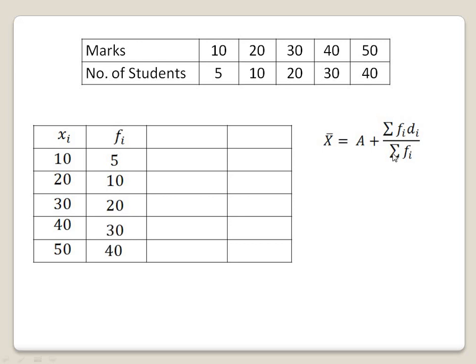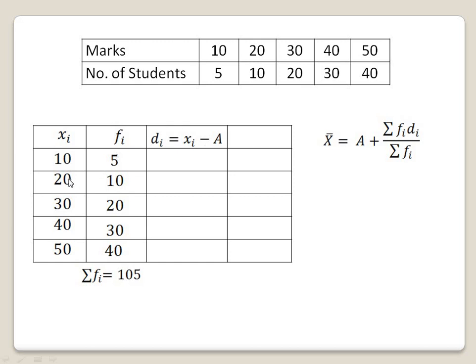Here first we can find the summation of fi, that is the addition of all these values of frequency, which is 105. Then we have to find fi into di. That means first we have to find the deviation by this formula: deviation di equals xi minus a. Here xi's are given 10, 20, 30, 40 and 50. Then we have to find a, that is assumed mean.